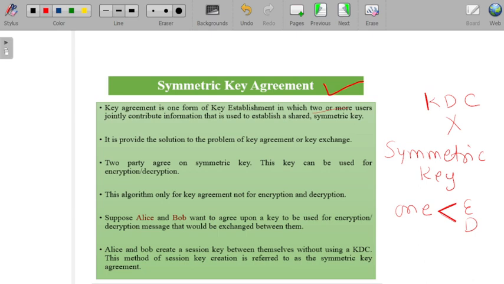That's why it is called a symmetric key as well as a session key. If both parties agree on the same key for exchanging between each other and use only one key for encryption as well as decryption, that is called symmetric key agreement.